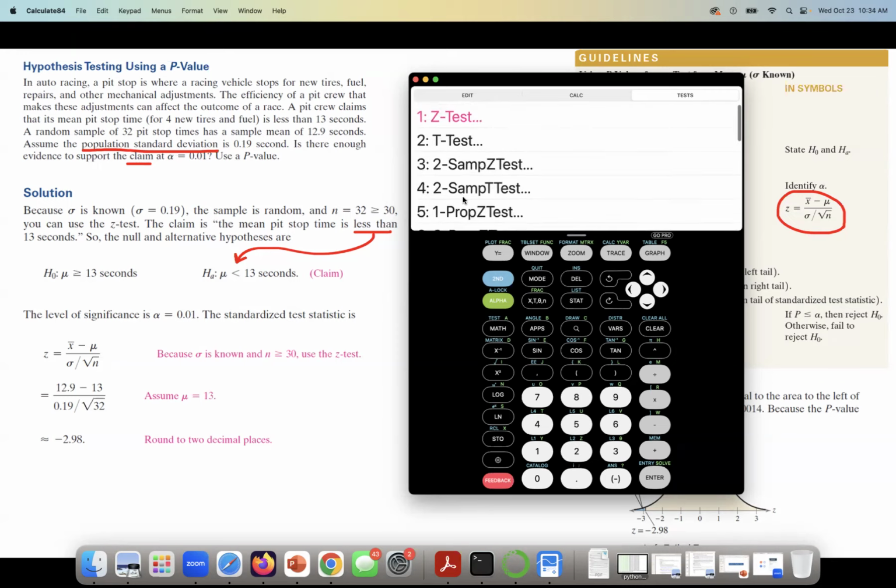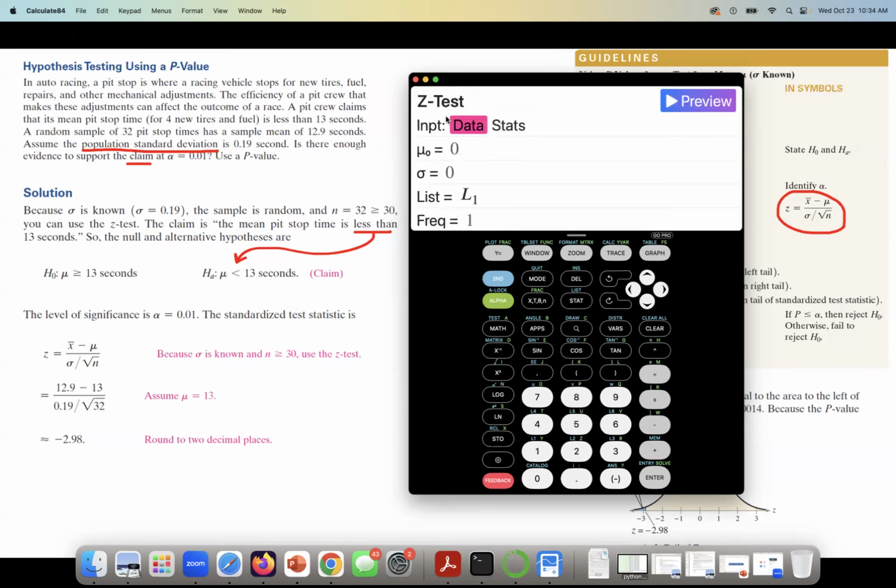It's not about two samples. So you're going to select z-test. When you click on z-test, we don't have the actual data, so we can click on statistics. The population mean is 13 with standard deviation 0.19. The sample mean that we calculated is 12.9 and n is 32.